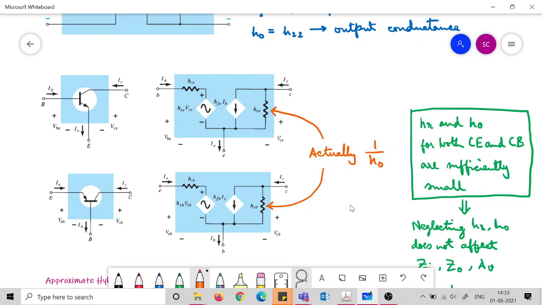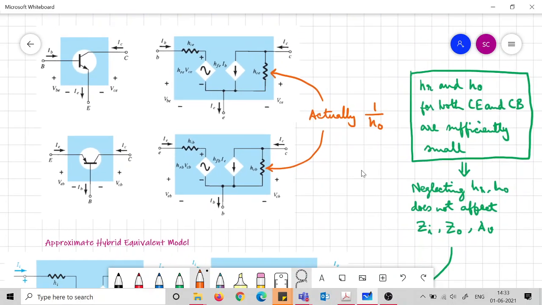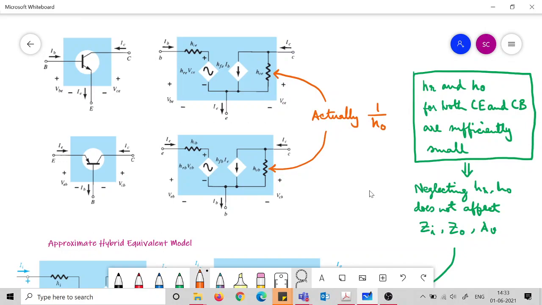We are always going to approximation, and approximations are quite valid. That's why we are going to approximations. And what is the approximation here? What we find is that the HR and H0 values for both the common emitter and common base configurations are sufficiently small.